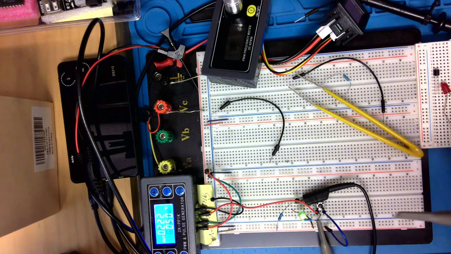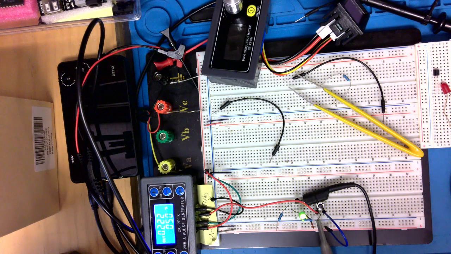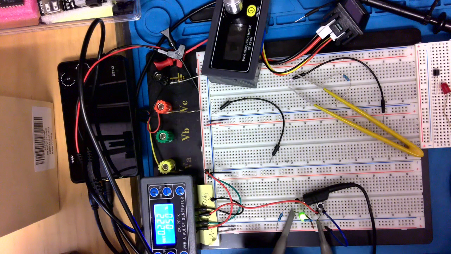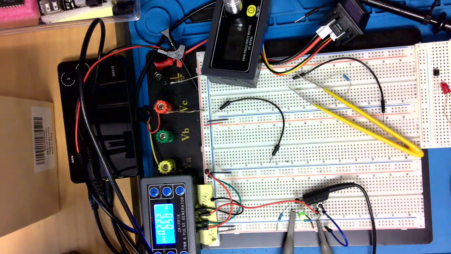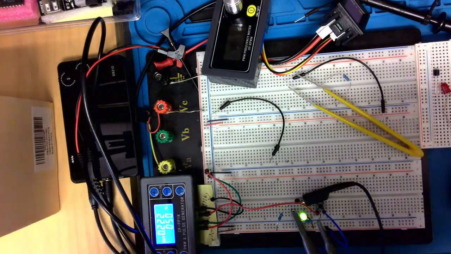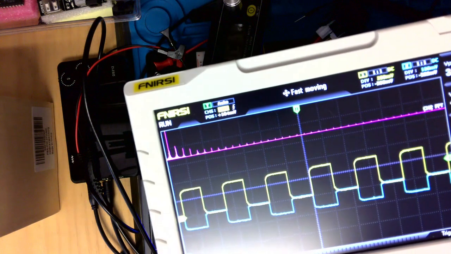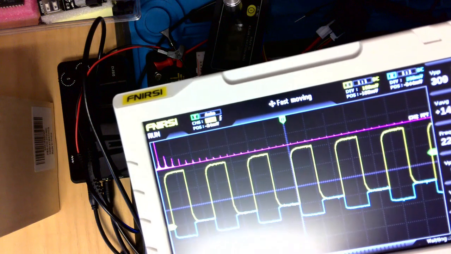And we check the output. Output is this guy, right? So right now we have input and output.